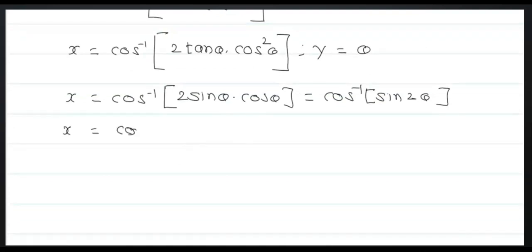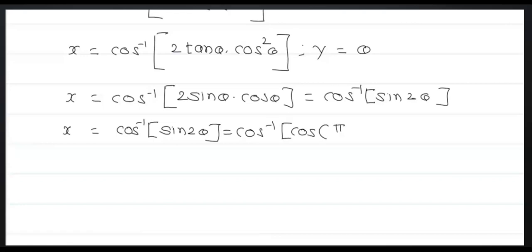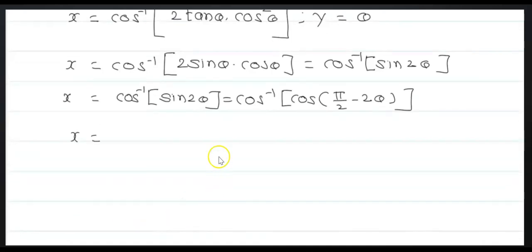Therefore, x is equal to cos inverse in bracket cos of pi by 2 minus 2 theta. And what is the cos inverse of cos of theta? This is pi by 2 minus 2 theta.